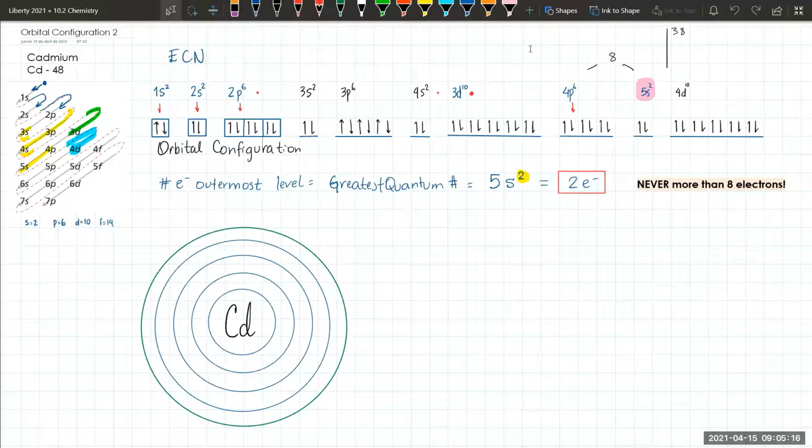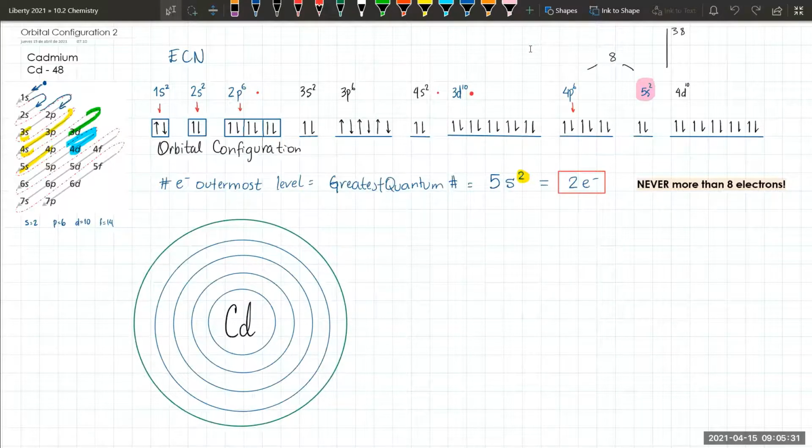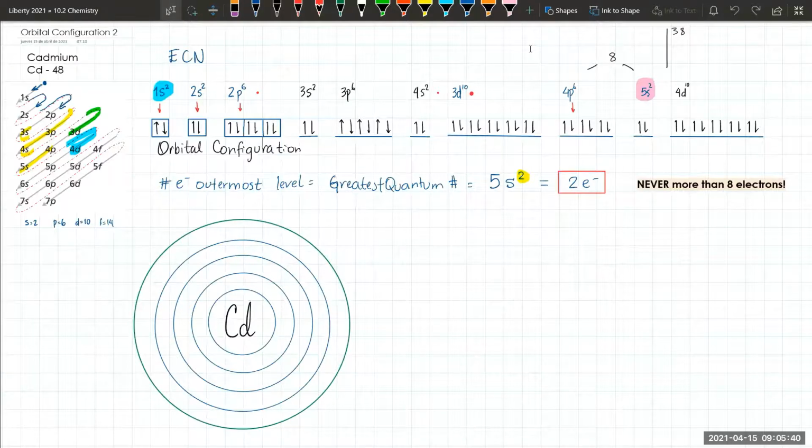Now, what comes after? We need to fill it with all the electrons. Okay. So in the first orbital, I have 2 electrons.